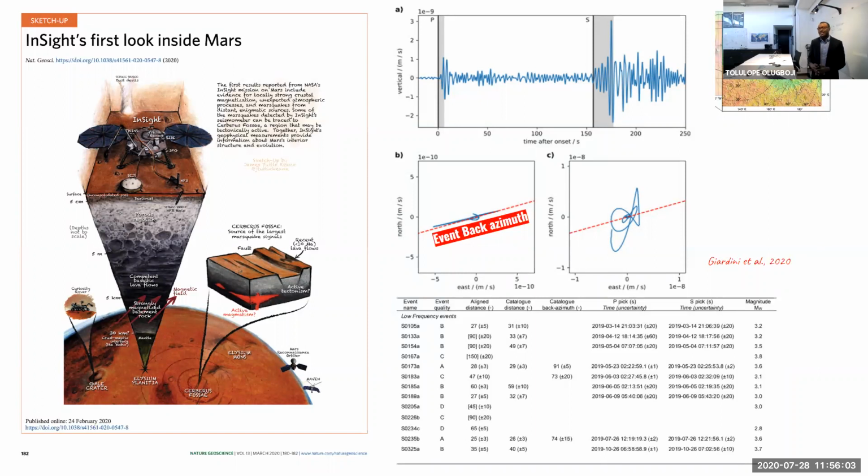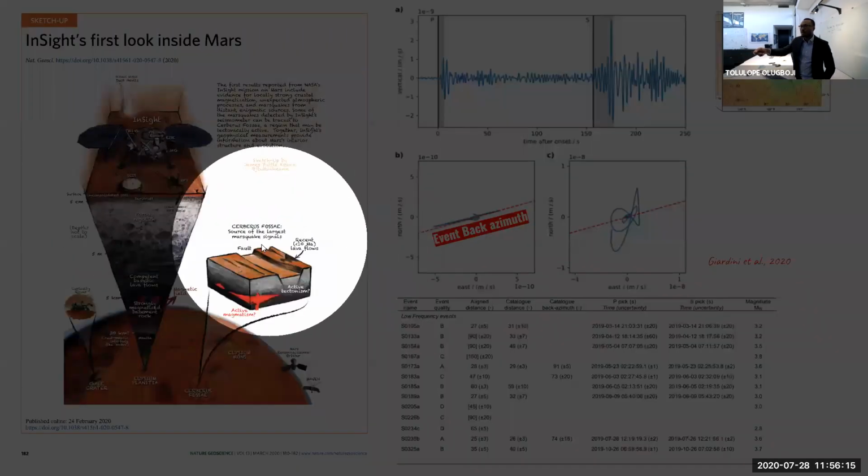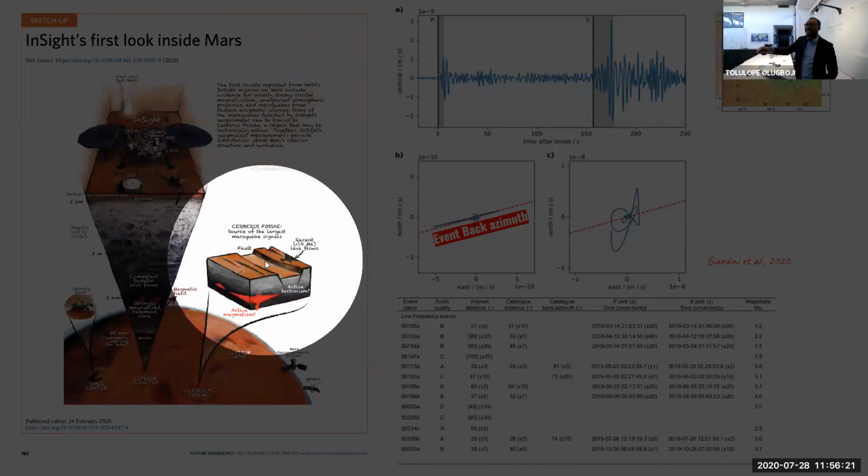In this case, the Mars seismologists use one single station to infer the location of the Mars quake, identifying, and I'm probably pronouncing this wrong, Cerberus Fossae, that location where there's faulting on Mars, as the location where the Mars quakes are coming from.